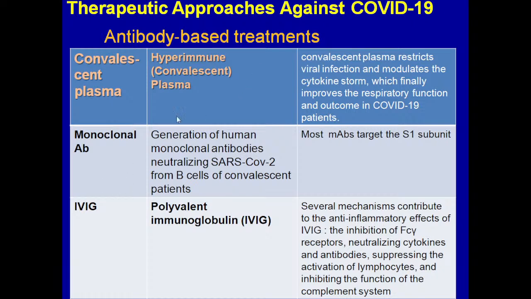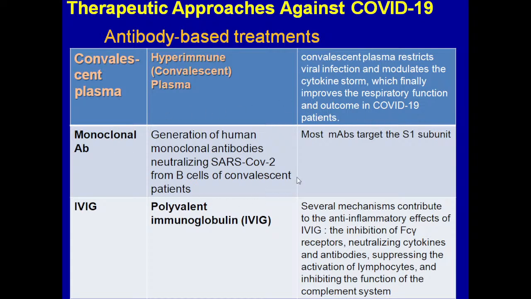Then for antibodies, of course, the primary one is hyperimmune convalescent plasma. It restricts viral infection and modulates the cytokine storm, which finally improves respiratory function, and it also improves outcome in COVID patients.